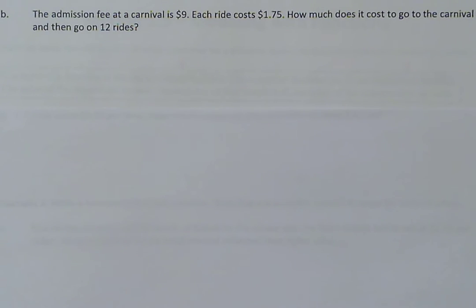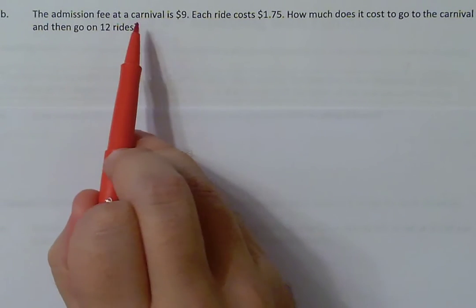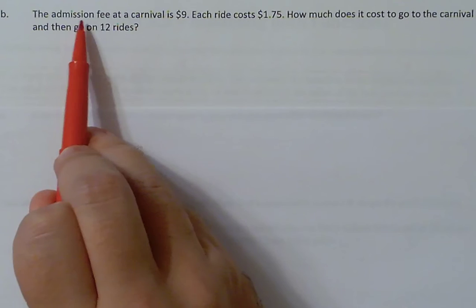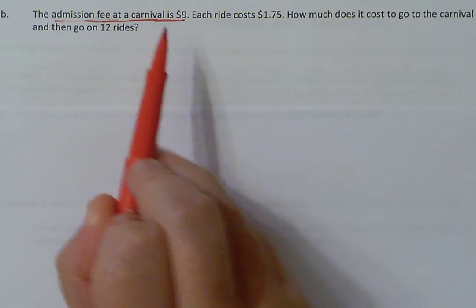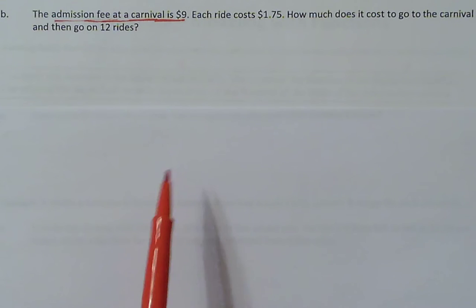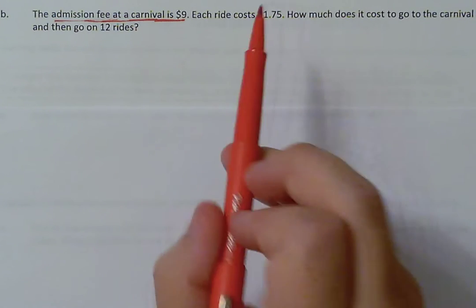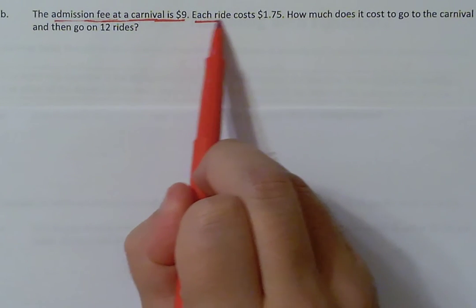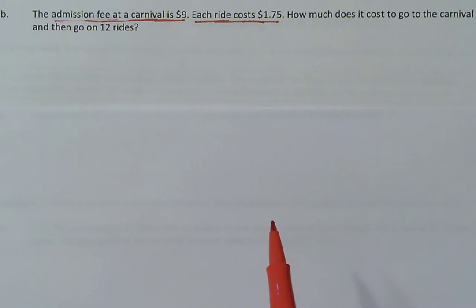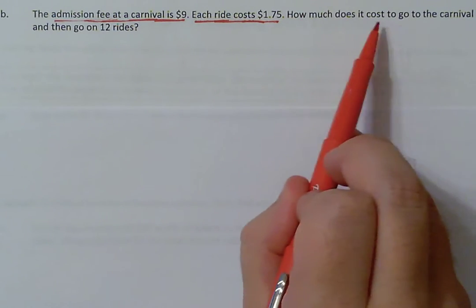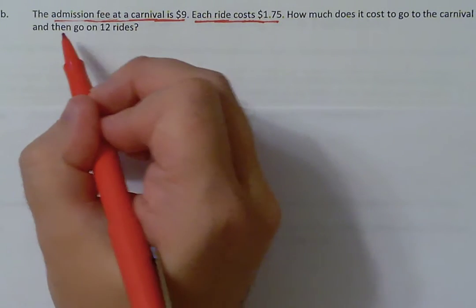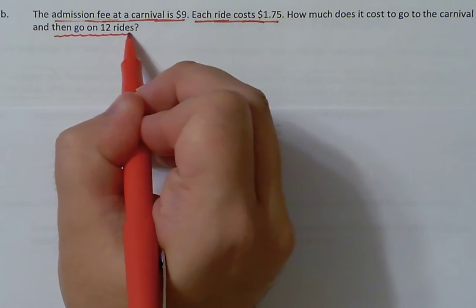Our situation is that the admission fee at a carnival is $9. So to get into the carnival you pay $9, and then after you're in, each ride costs $175. How much does it cost to go to the carnival and then go on 12 rides?